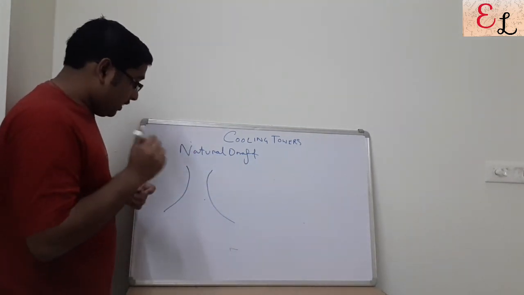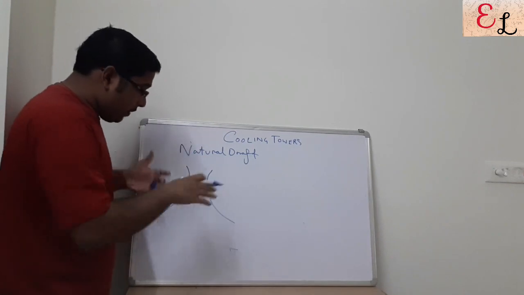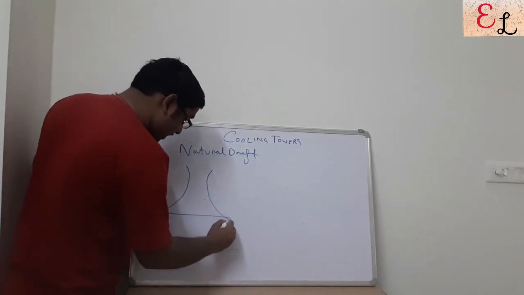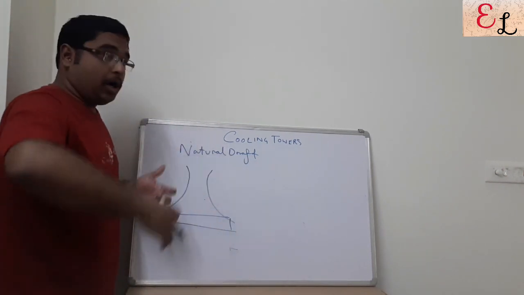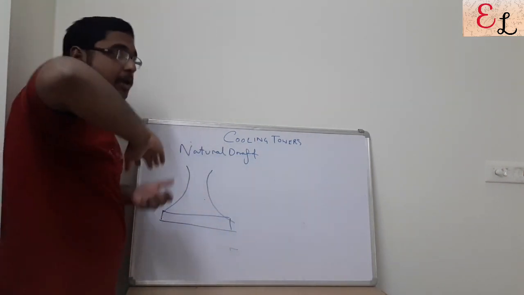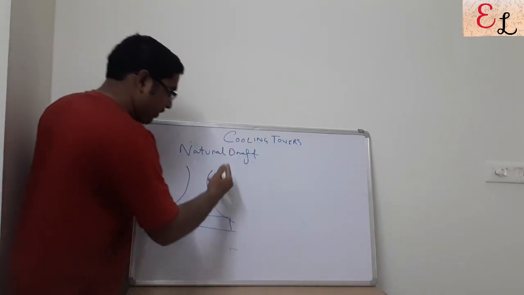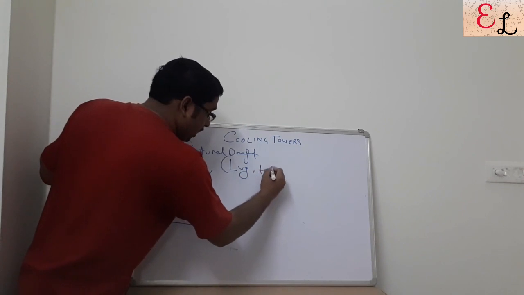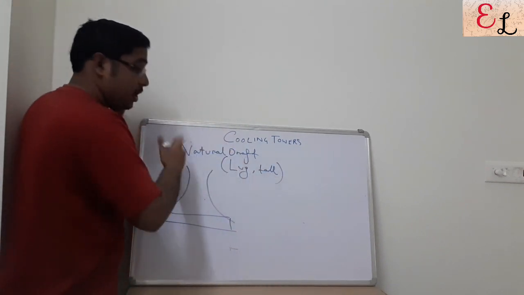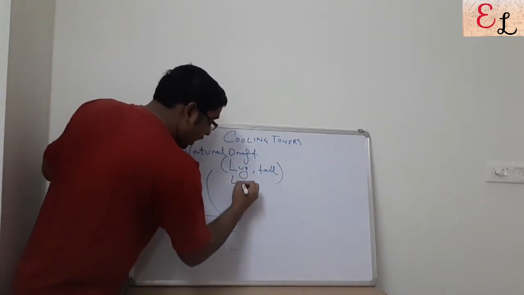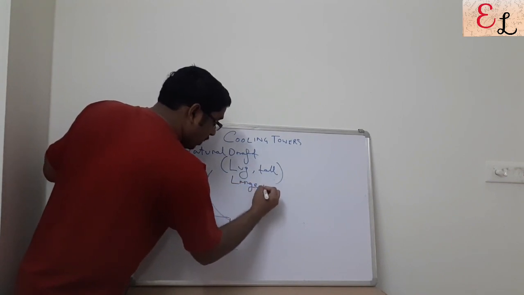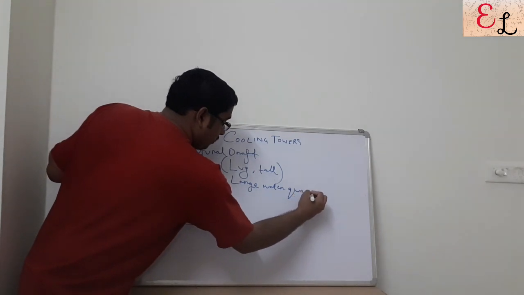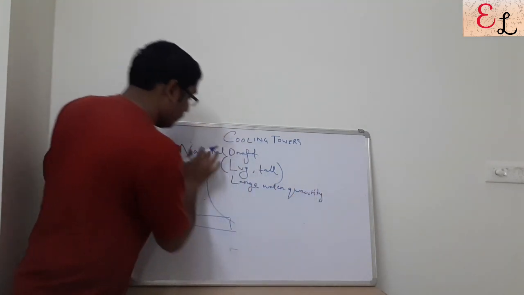So first of all, let's see this hyperbolic shape in a natural draft cooling tower. Since it is a very tall structure, we use it in large cooling towers, where a lot of water is to be handled. When we require tall structures, when we require to handle a large quantity of water, we go for natural draft tower.